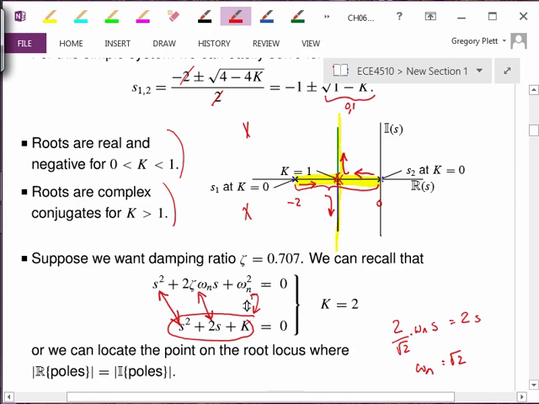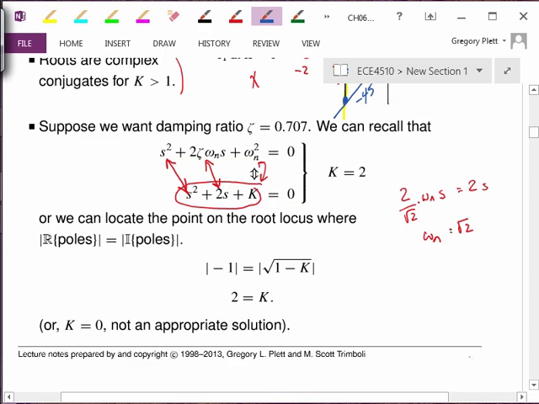So I could have figured it out by the equations that I could get that damping ratio, or I could remember that a damping ratio of 0.707 has a geometry to it where the poles are at a 45-degree angle from the imaginary axis, plus or minus 45 degrees. And so I'm going to have a location on the locus where the real part of the poles equals the imaginary part.